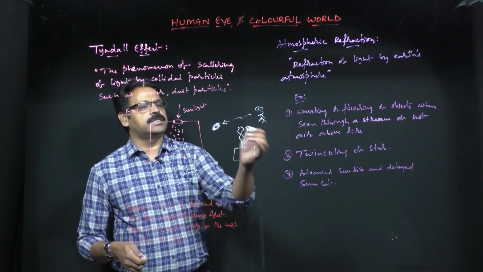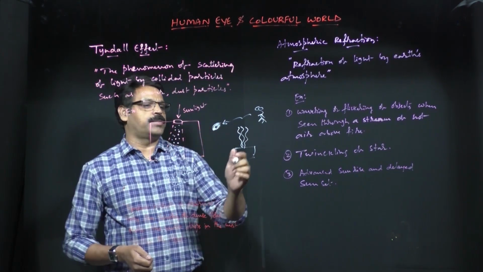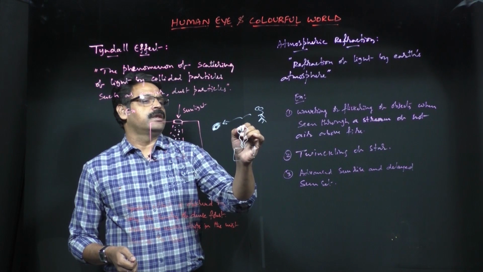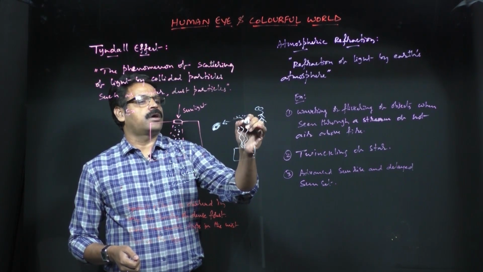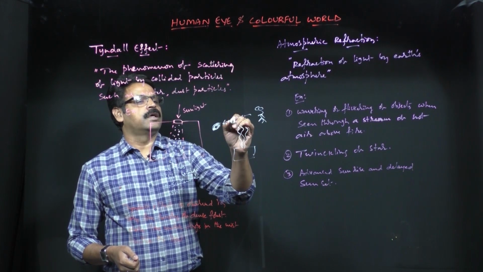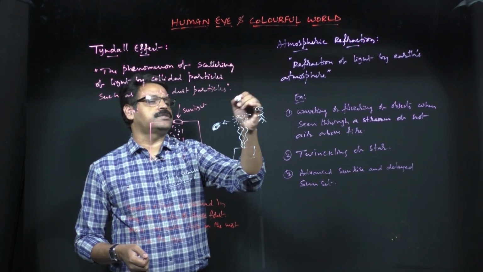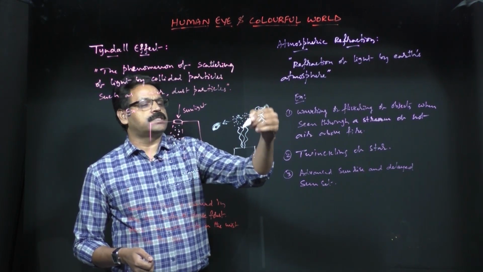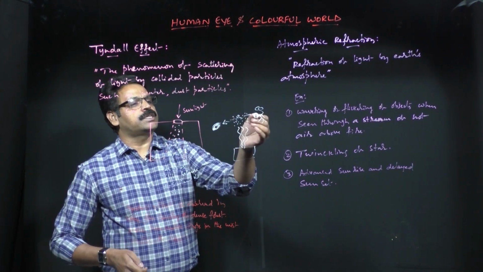In fact, you can see it as somewhat wavery, that is, in a shaky manner, because the air particles near the flame are hot, so they have a lower refractive index, whereas the refractive index above this is more. Because of the variation in these refractive indices, there will be a deviation in the path.